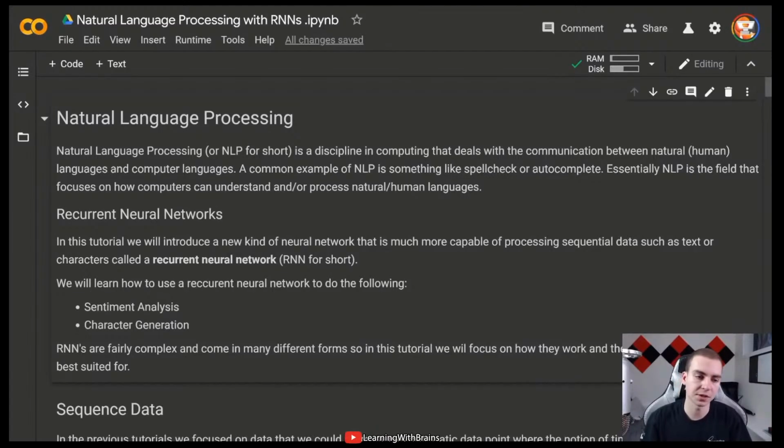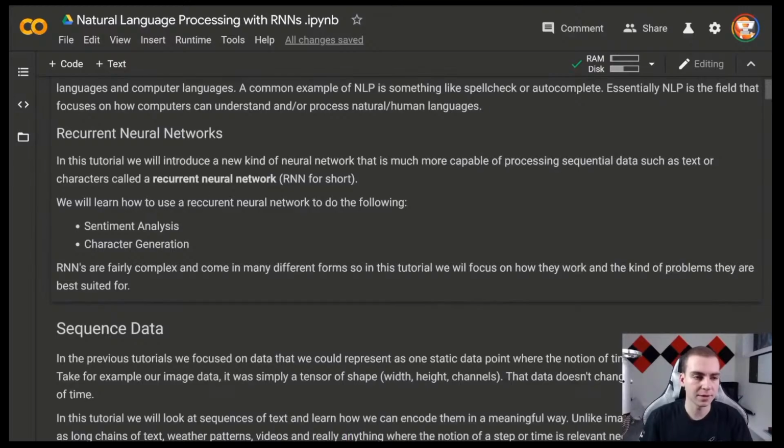So we're going to do that using something called recurrent neural networks, but some examples of natural language processing would be something like spell check, autocomplete, voice assistance, translation between languages. There's all different kinds of things, chatbots, but essentially anything that deals with textual data. So like paragraphs, sentences, even words, that is probably going to be classified under natural language processing in terms of doing some kind of machine learning stuff with it.